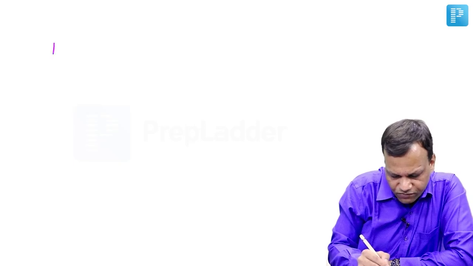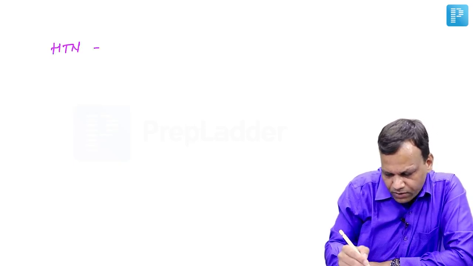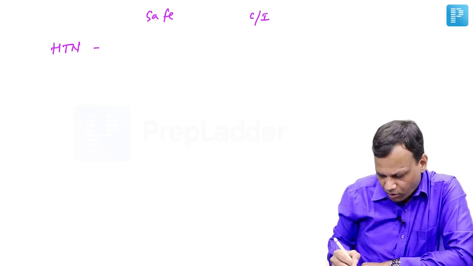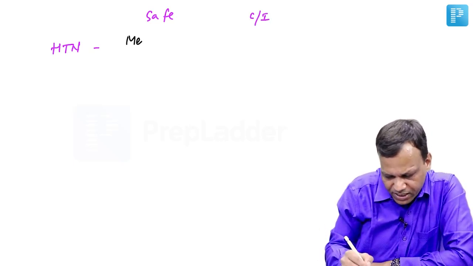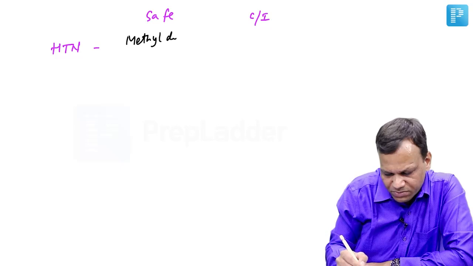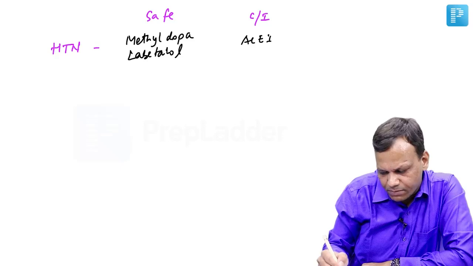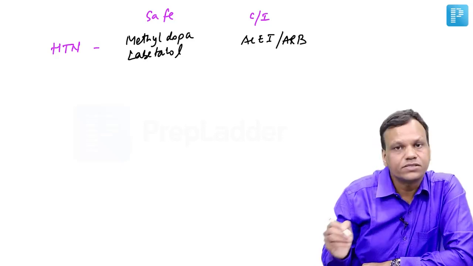Now it is important to remember about some categories of drugs, like drugs for hypertension. Which drugs are safe in pregnancy, which are contraindicated in pregnancy. The important drugs which are safe for hypertension in pregnancy, you need to remember, are two. One is methyldopa, second is labetalol. They are very safe in pregnancy, but absolutely contraindicated are ACE inhibitors and angiotensin receptor blockers.